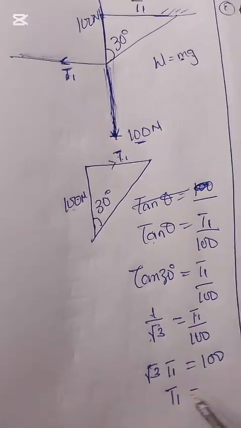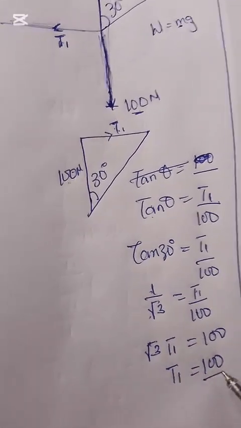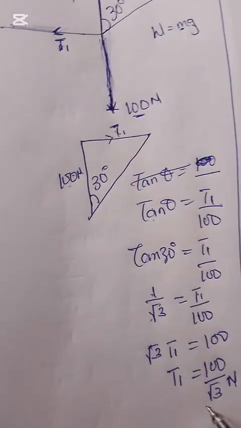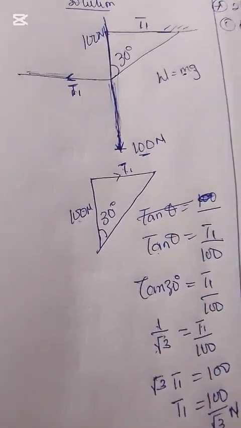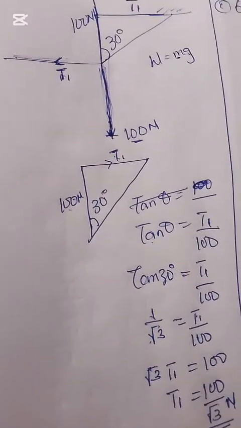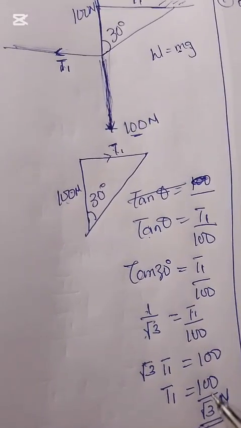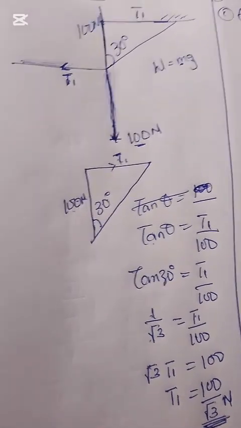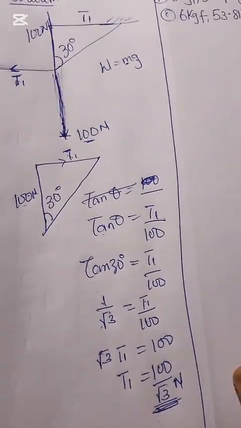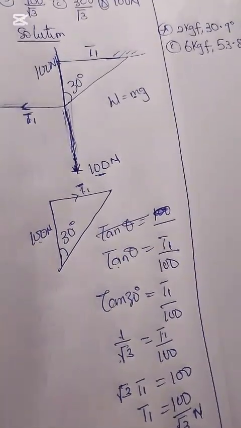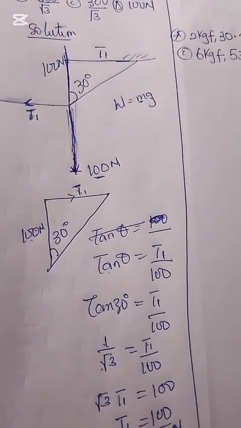So that T1 will give us 100 over root 3 Newton. The answer is in surd form and was not rationalized in the option, so we'll stop here. So the answer to the question is 100 over root 3 Newton. That is how you can solve equilibrium of rigid body using SOHCAHTOA.